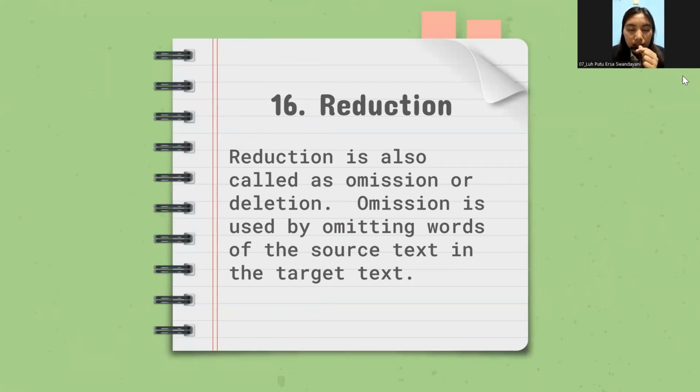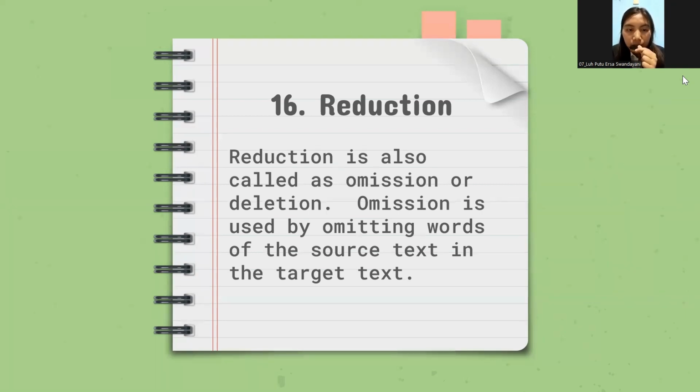The type number 16, reduction. Reduction is also called as omission or deletion. Omission is used by omitting words of the source text in the target text. This omission is made because the words are not very important and difficult to translate into the target language.